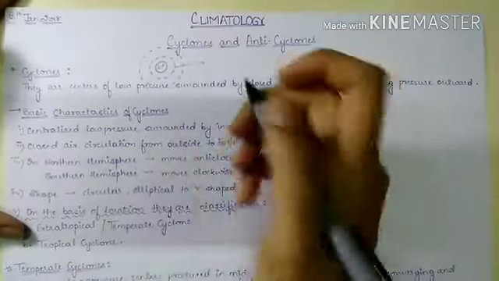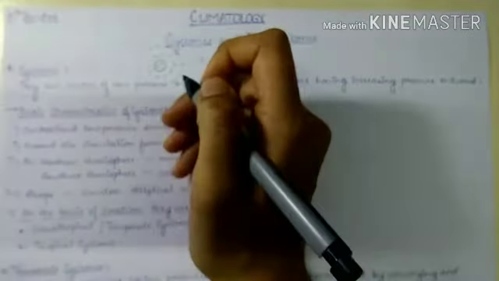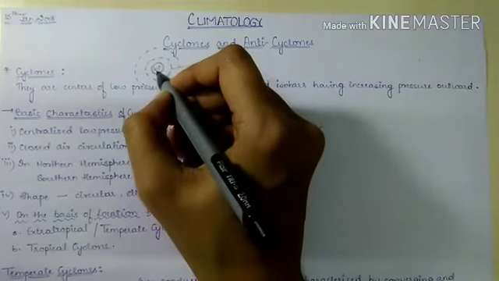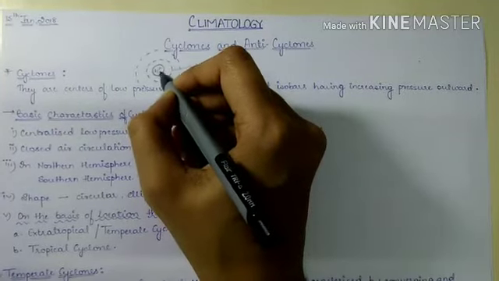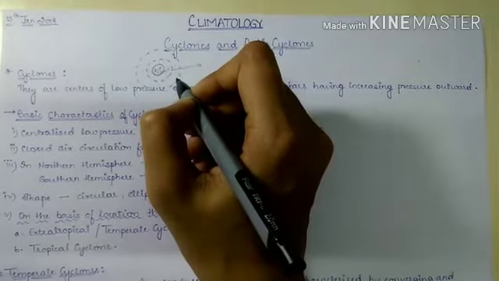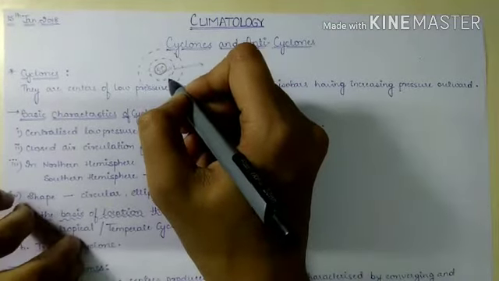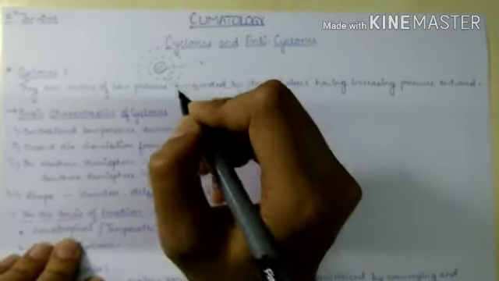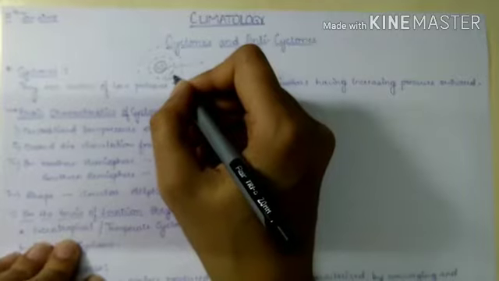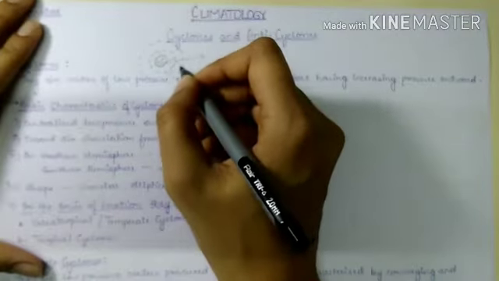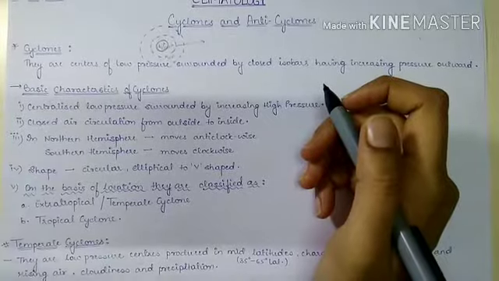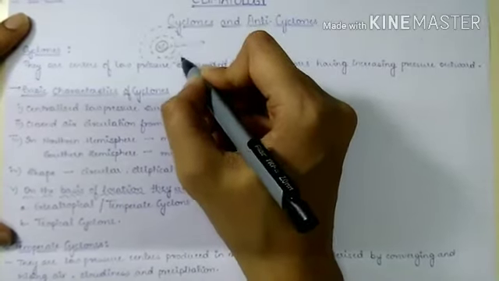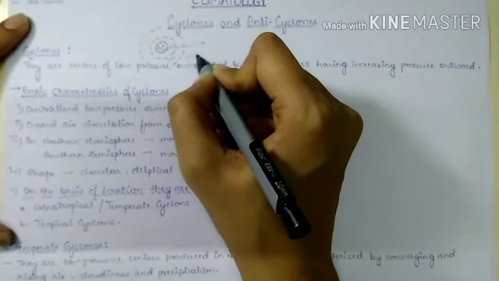For example, if this area is having 900 millibar of atmospheric pressure, and the next area will be having 1001 millibar of atmospheric pressure, then the pressure of another ring will be 1002.